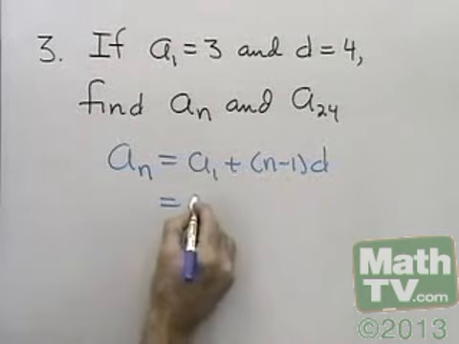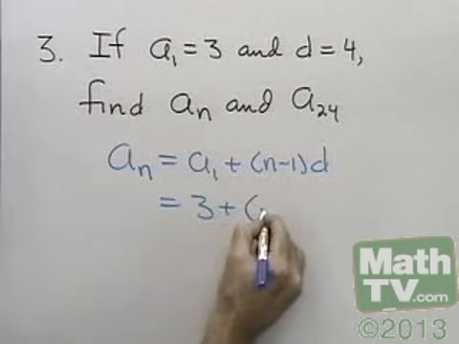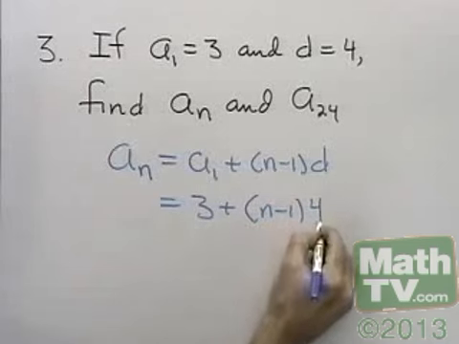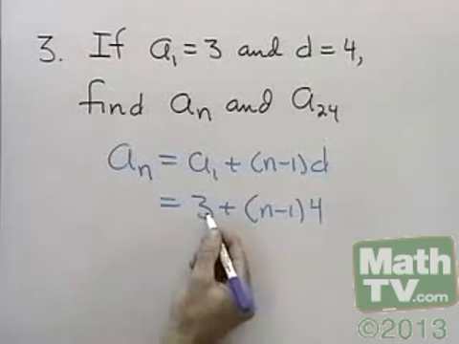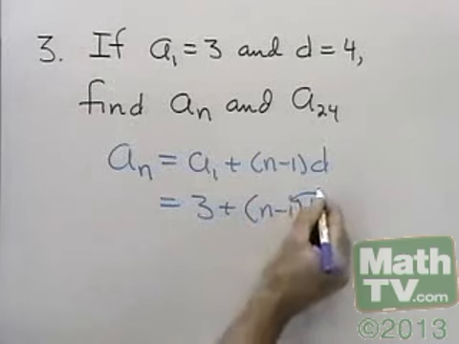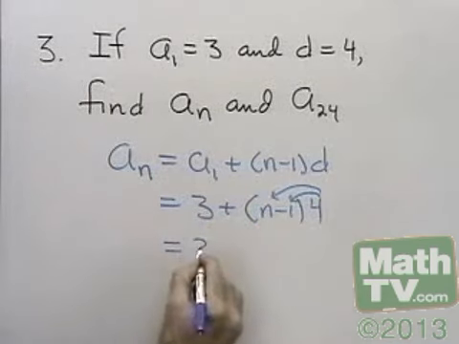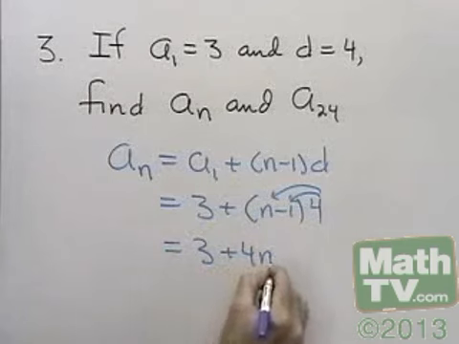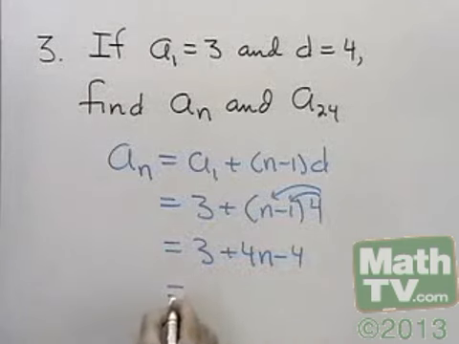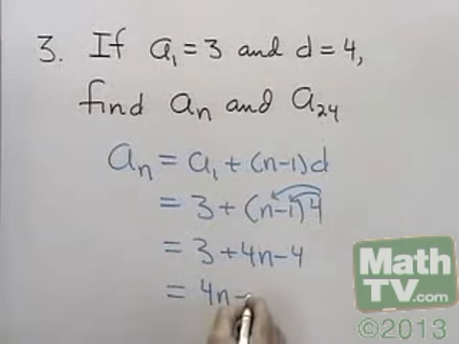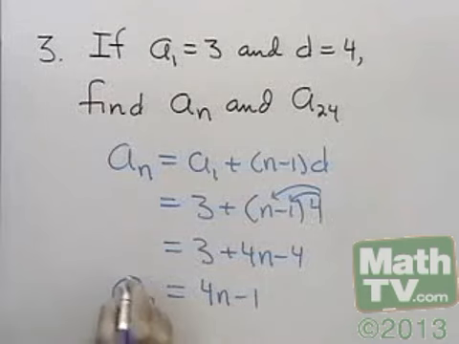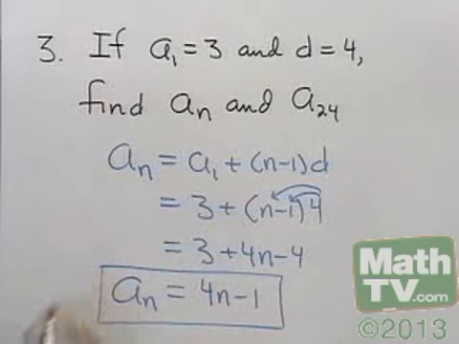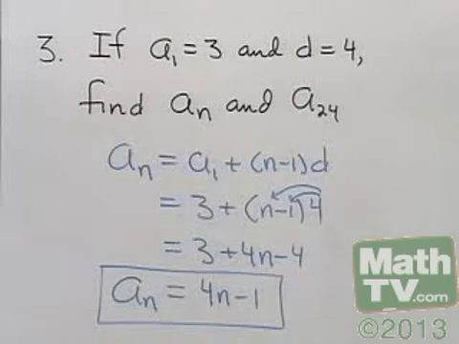So in this case, that will be 3 plus n minus 1 times 4. d is equal to 4, a1 is equal to 3. I'll multiply this out. I'll get 3 plus 4n minus 4, and that simplifies to 4n minus 1. So there's the nth term, 4n minus 1, the nth term of that progression.